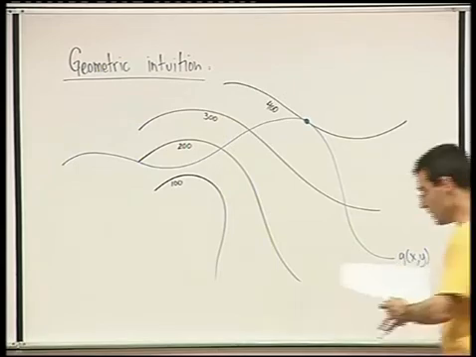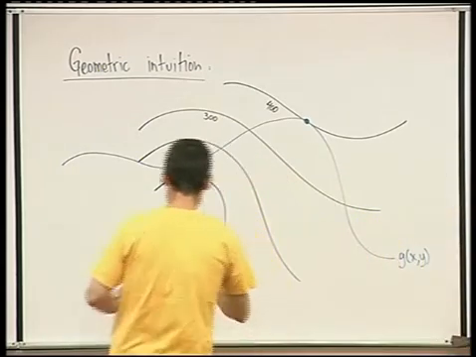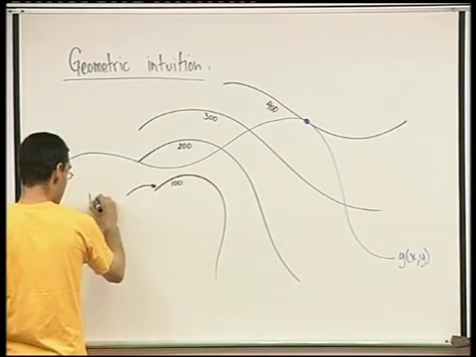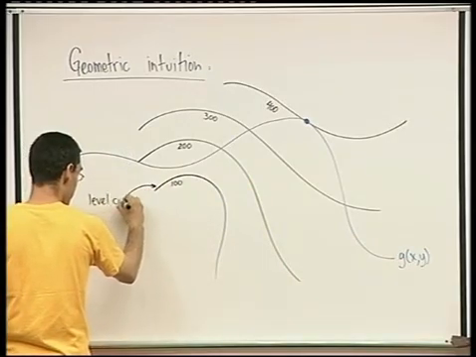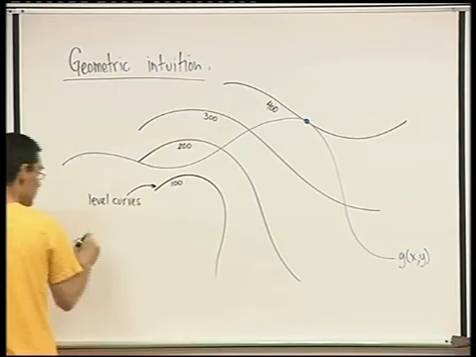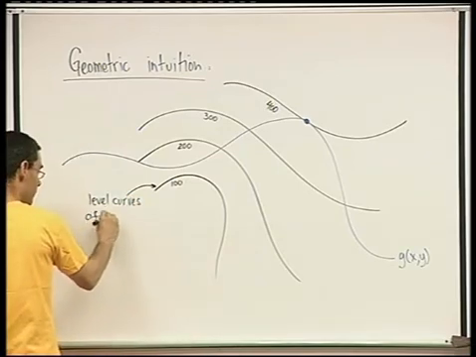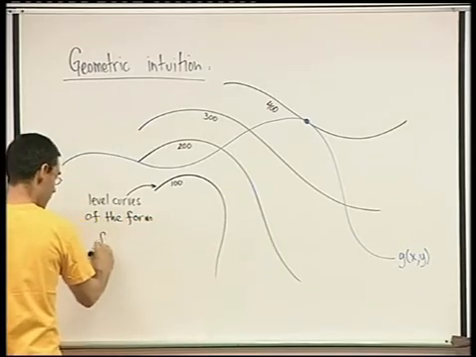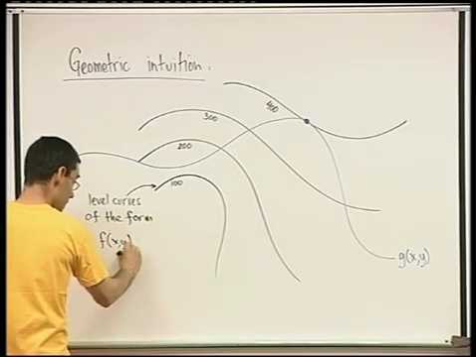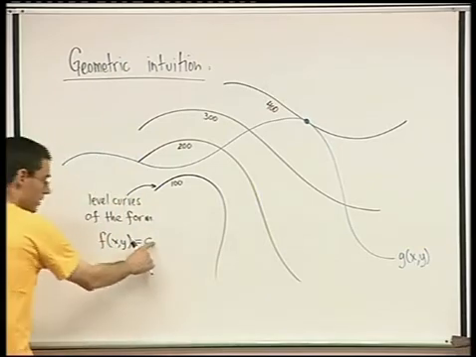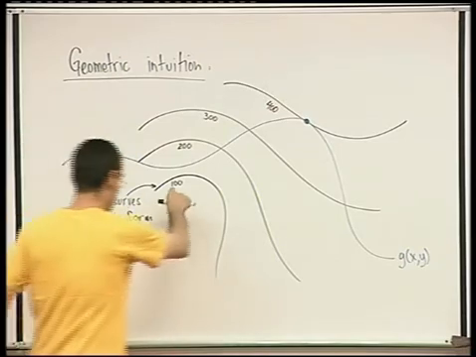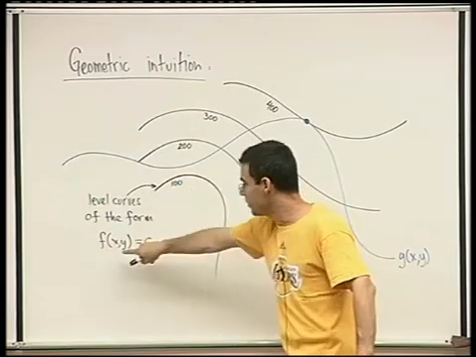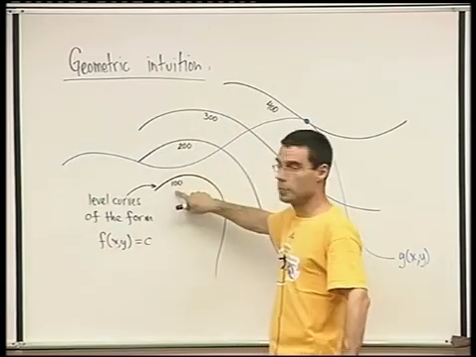Now, what do we know? These black lines are level curves of the form f(x,y) equals some fixed number, some constant c. So here the constant is 100. All these points x,y satisfy that the value of the elevation is 100.